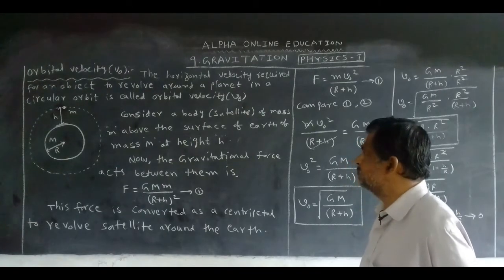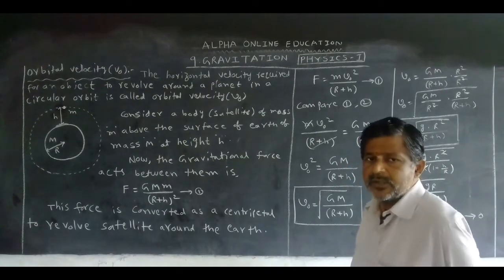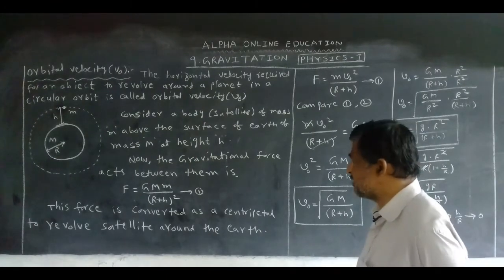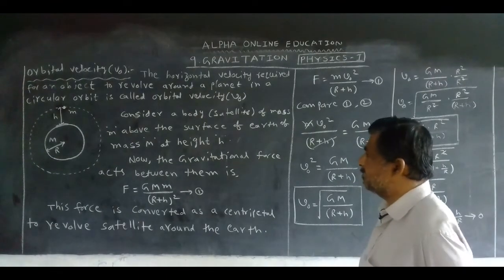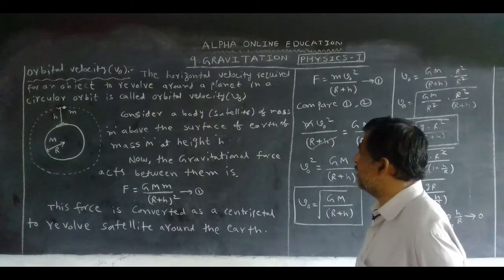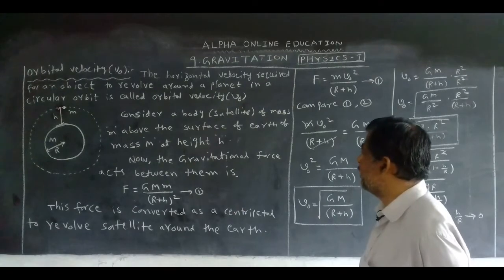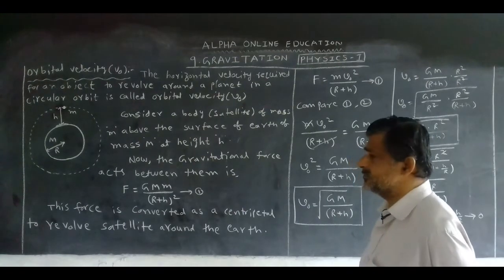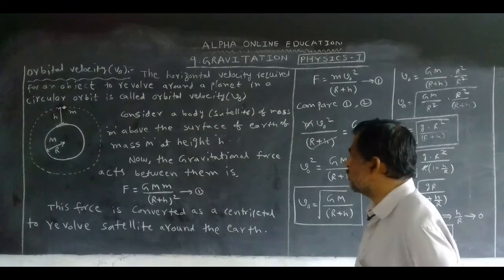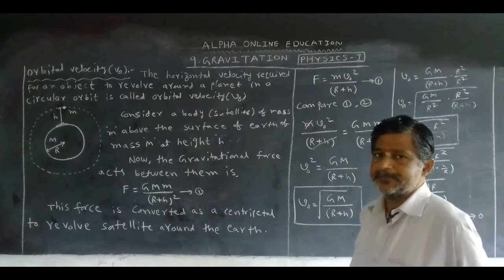Now what is orbital velocity? Denoted by V naught. The horizontal velocity required for an object to revolve around a planet in a circular orbit is called orbital velocity.